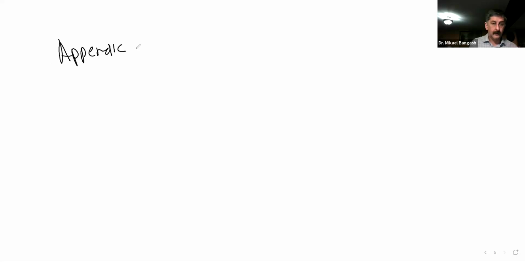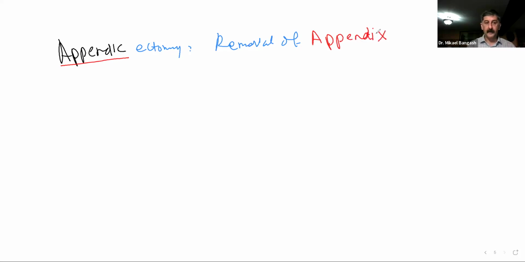Appendicectomy, which is just going to be removal of the appendix.